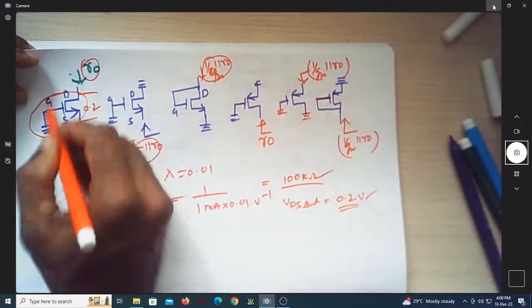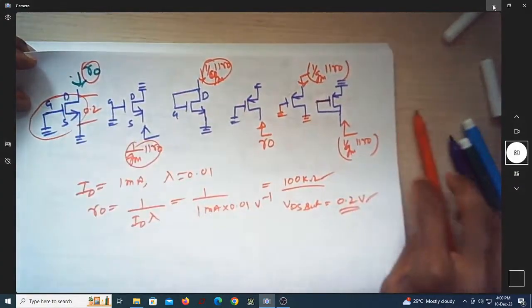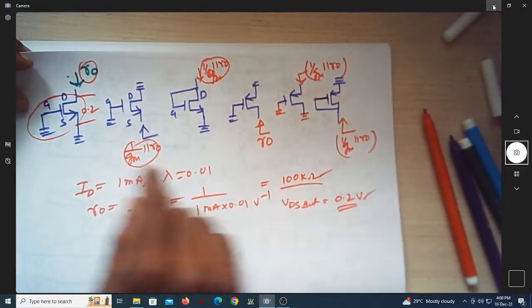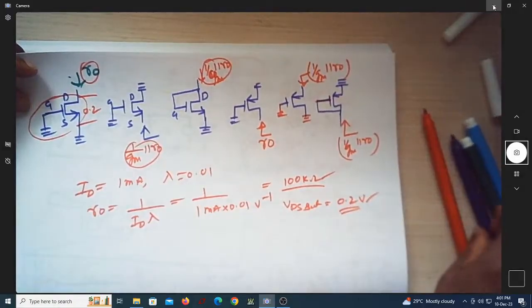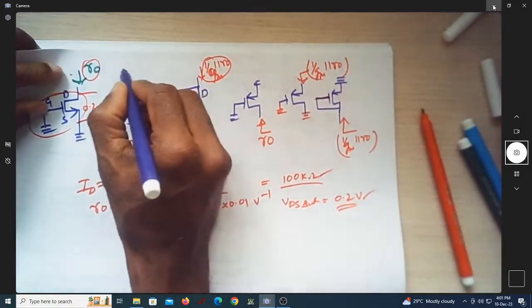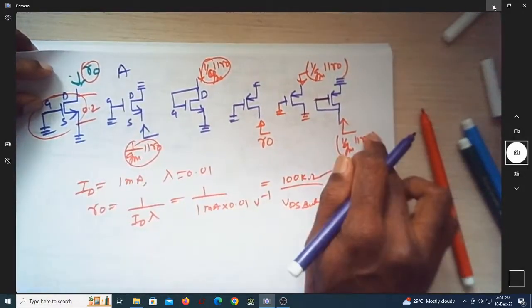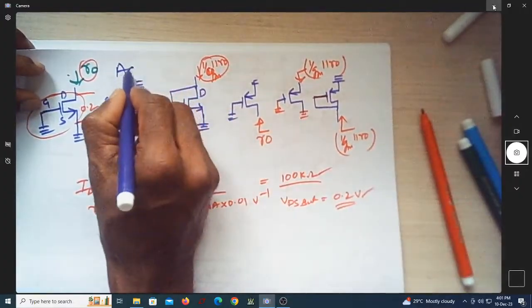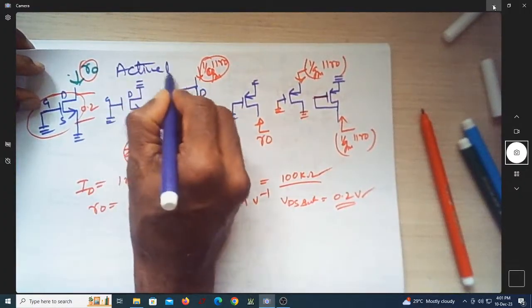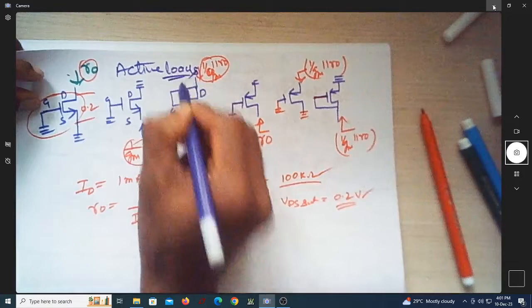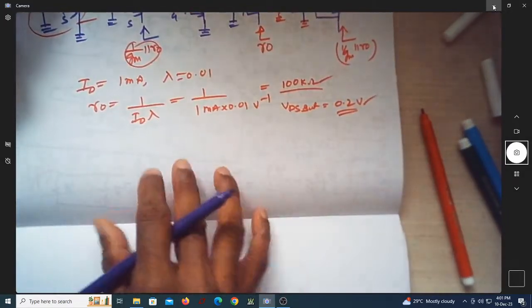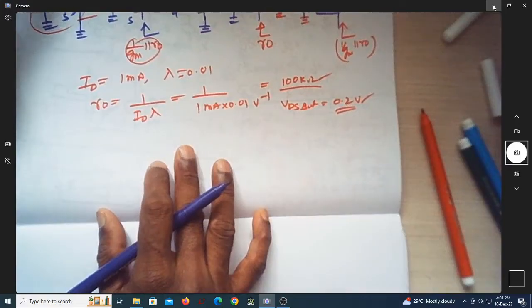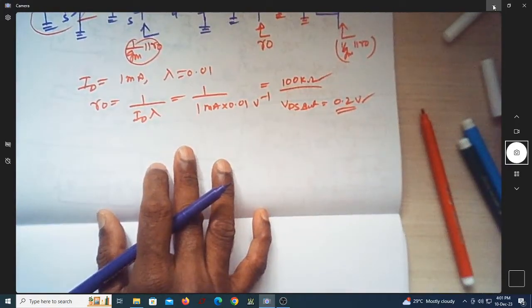So this type of configuration, where it offers resistance but consumes less voltage, is known as active loads. All these are active loads.